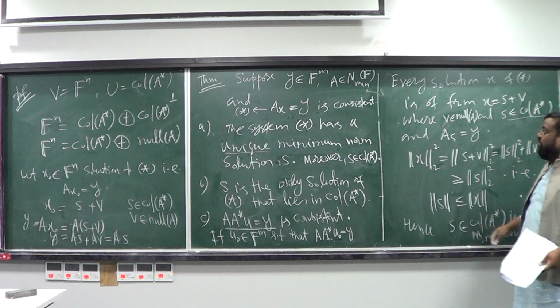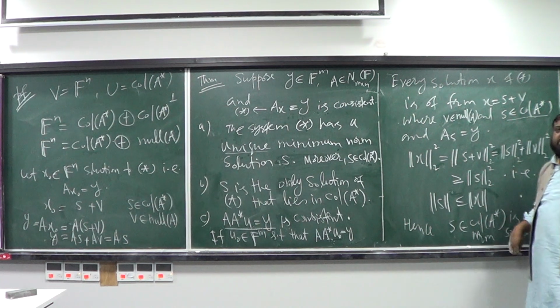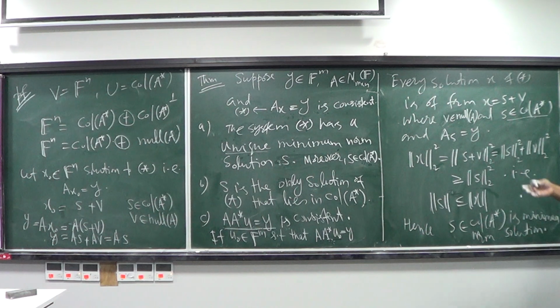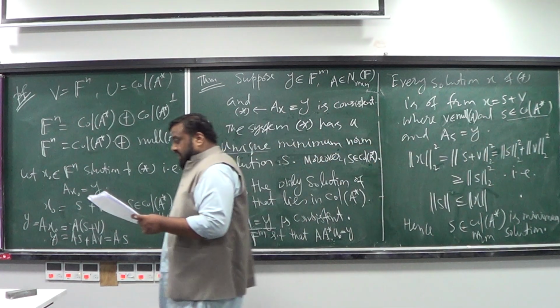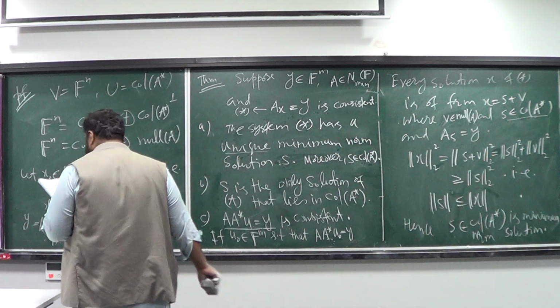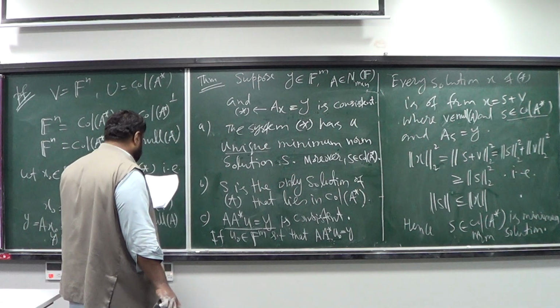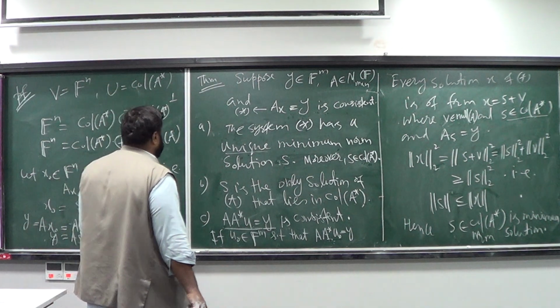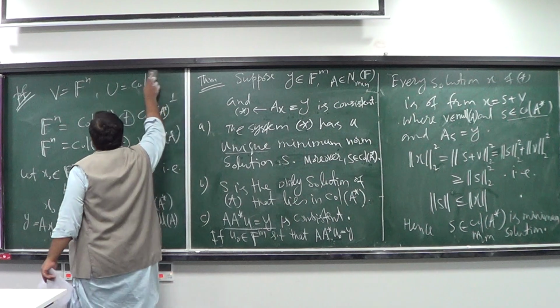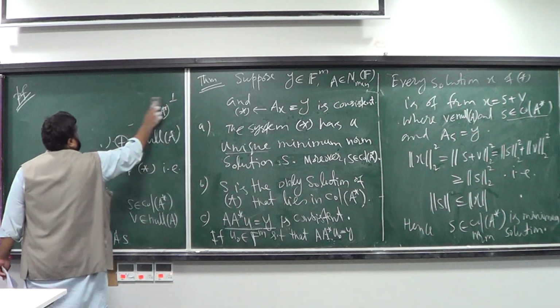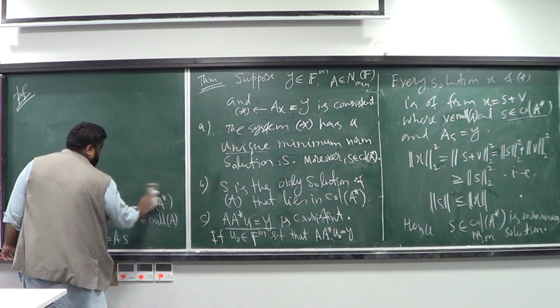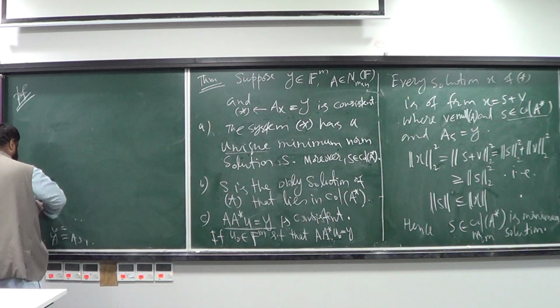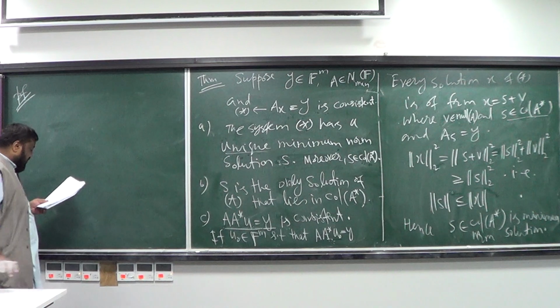So you can't have more than one element in the column space of A star that satisfies this. So let's think about the uniqueness of it. Why is the minimum norm solution unique?